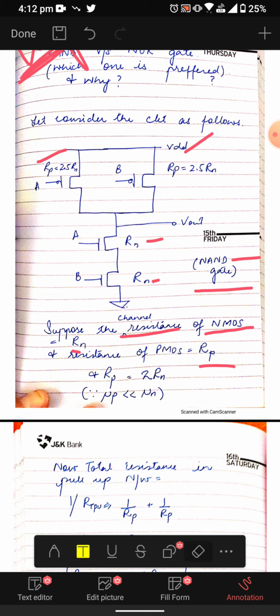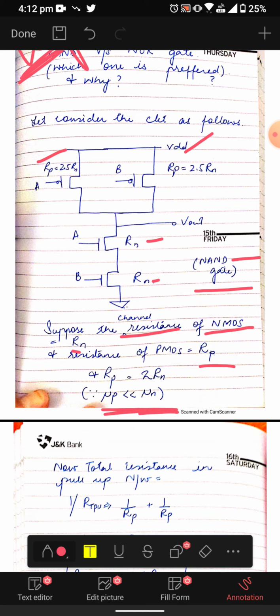You know that the mobility of holes is less than the mobility of electrons. I've told you earlier. Why? Because the mass of an electron is less as compared to the mass of a hole. As such, the electron is lighter and is able to move faster as compared to the hole. So the resistance of PMOS becomes more as compared to the resistance of NMOS transistor.